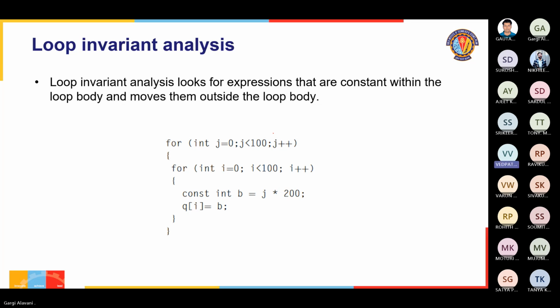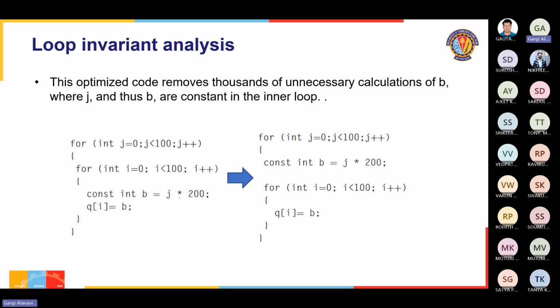Computation of B. Yes, computation of B. So this can be moved out, right? If we move this out, then B will not be calculated multiple times. Correct? Yeah, that's correct.